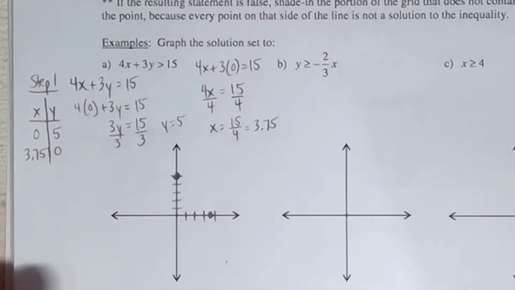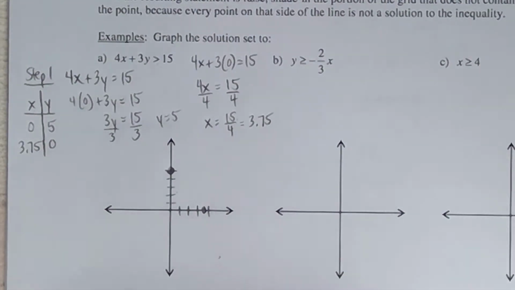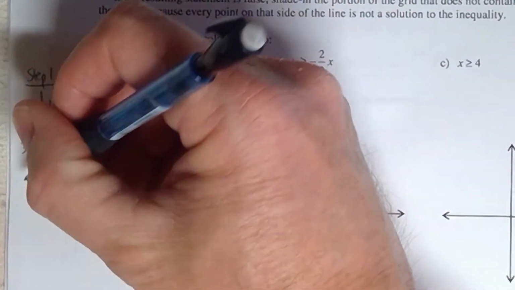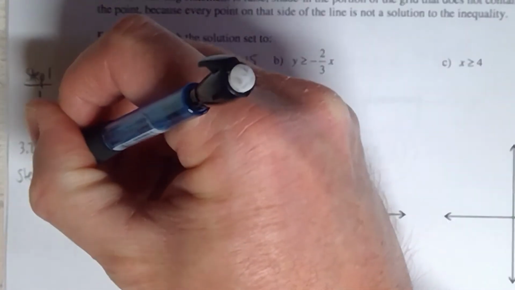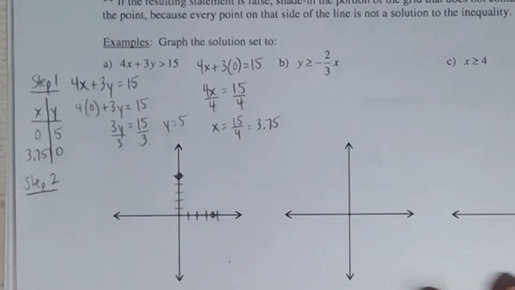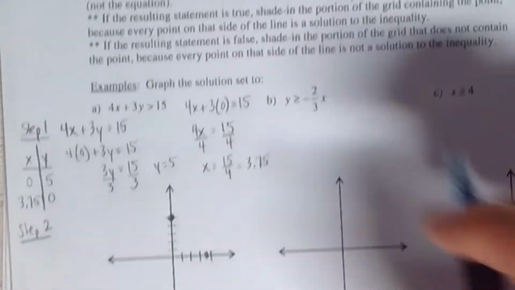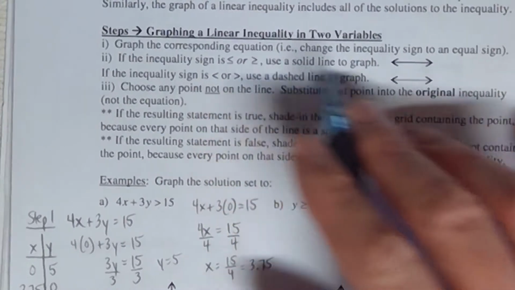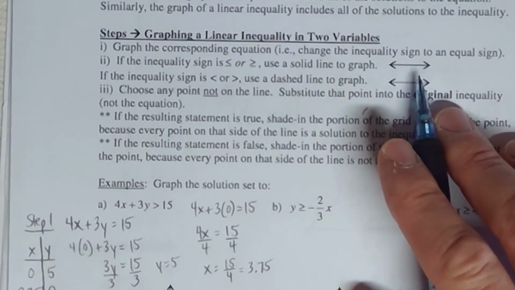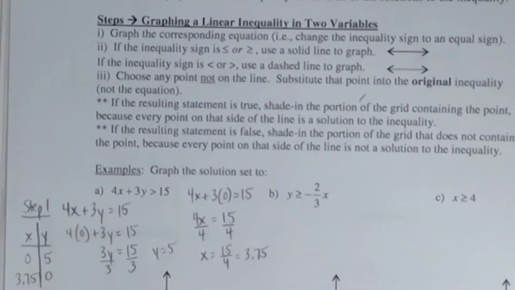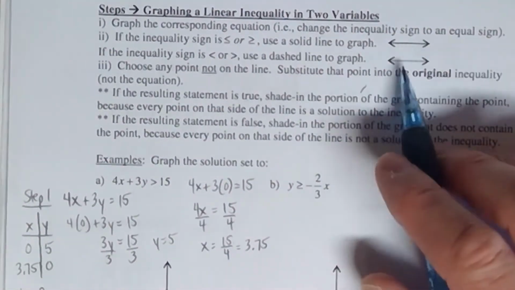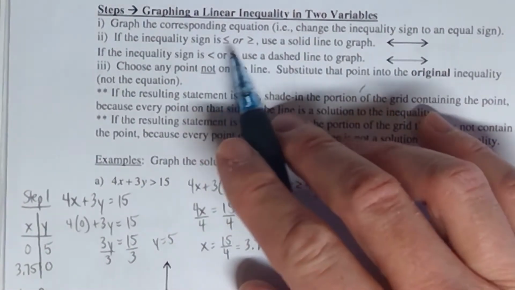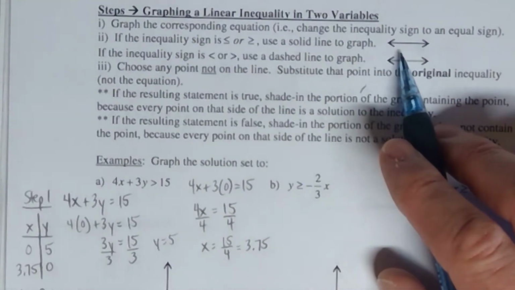There's one thing about these problems that's a little bit different than when we drew lines before, and this is when we get into Step 2. Step 2 says, before you actually draw the line, it says what? It says if the inequality sign has alligator feet, then you make it a solid line. In other words, a solid line is similar to a square bracket from the last section. If it's got alligator feet, you use a square bracket.